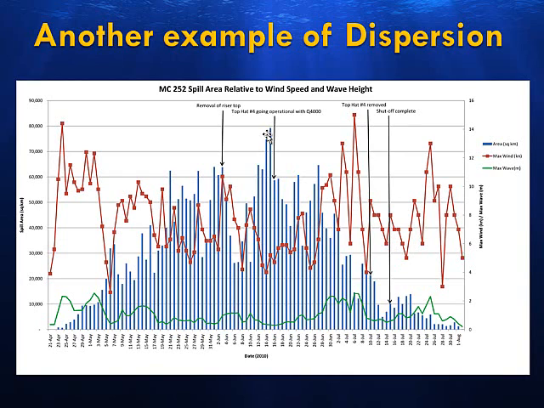So if you look at how the red line and the blue bars interact, you notice that when the wind is less, the surface area, as seen by satellite, is much larger. But like what Judd was saying, you can't tell from some of the synthetic aperture radar imagery whether or not an area of oil that it sees is thick oil or sheen.